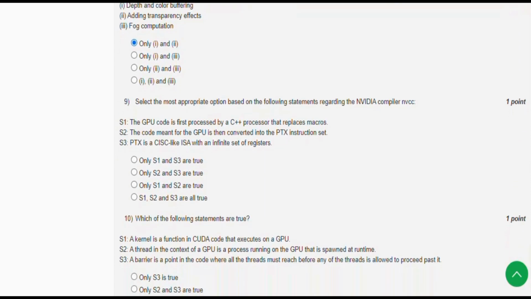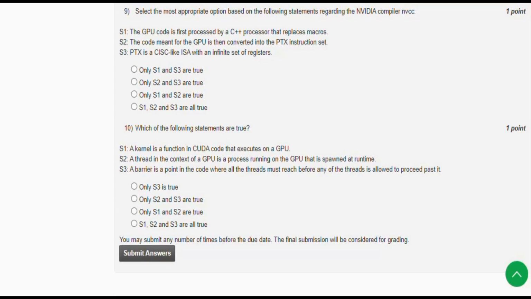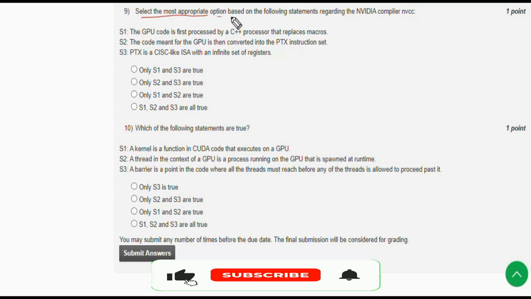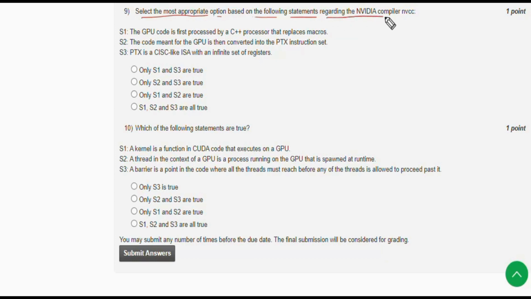Now getting into question number 9. Select the most appropriate option based on the following statements regarding the NVIDIA compiler NVCC. Statement 1: The GPU code is first processed by a C++ preprocessor that replaces macros. Statement 2: The code meant for the GPU is then converted into the PTX instruction set.